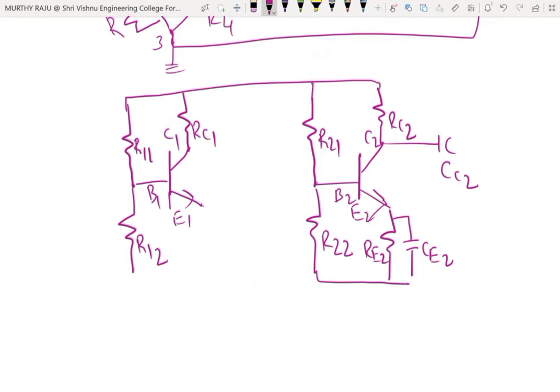All are connected like this here. This is VCC. The output of the first stage is connected to the second stage by using coupling capacitor CC2.